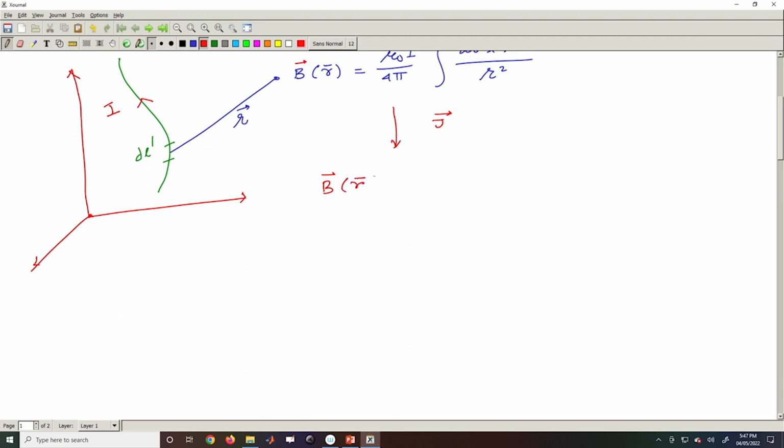It is mu 0 divided by 4 pi, a direct consequence of the Helmholtz theorem that we discussed in the last class, the integral of J of r prime cross r minus r prime, whole divided by the cube of r minus r prime, dv prime. This is a volume integral.